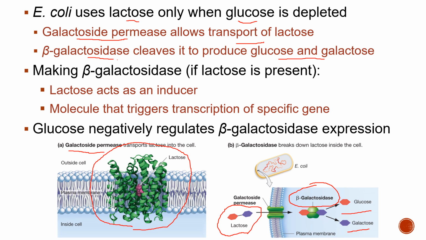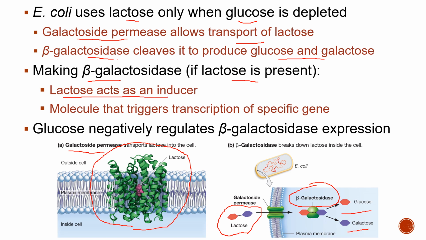Now, as a way to control this, beta-galactosidase is only going to be made if lactose is present. So again, it depends on the environment. If lactose isn't present, there's no reason to make this enzyme to break it down. So lactose actually acts as an inducer molecule.